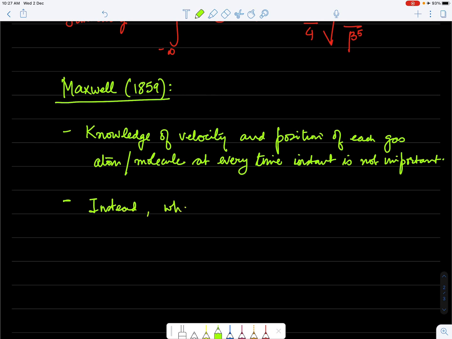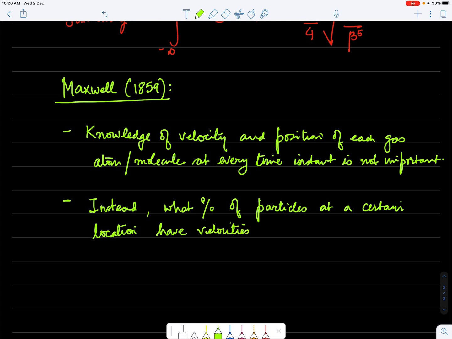If we know what percentage of particles at a certain location, let's say some position x, have velocities in a certain range at a given time instant, then we can actually describe pretty much everything about the gas.